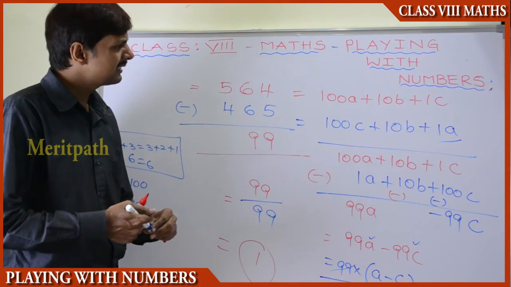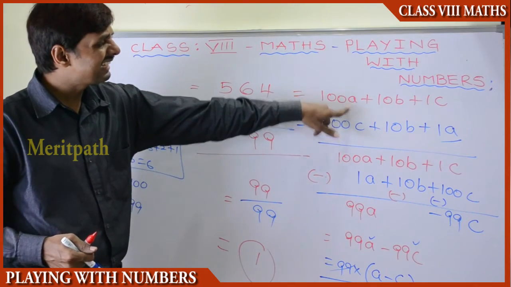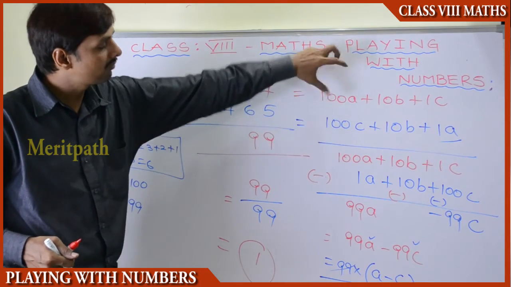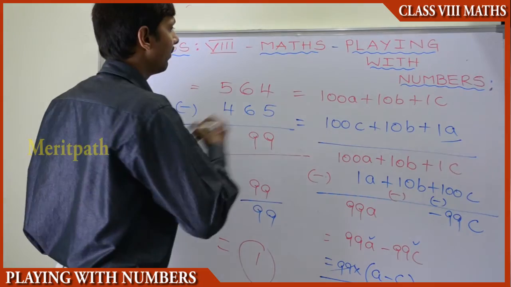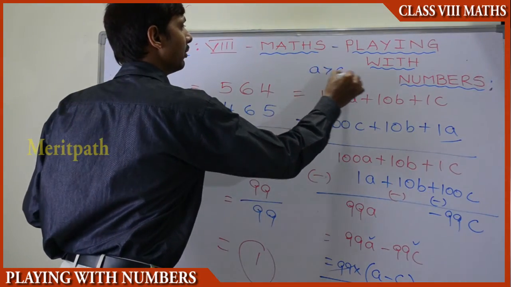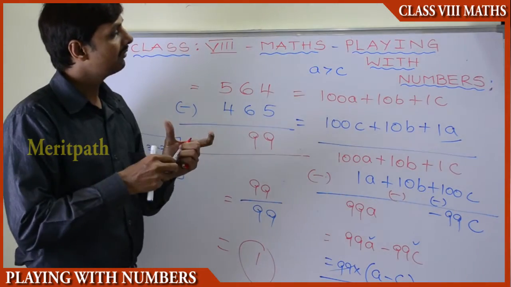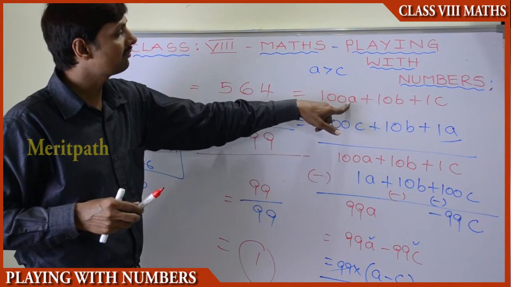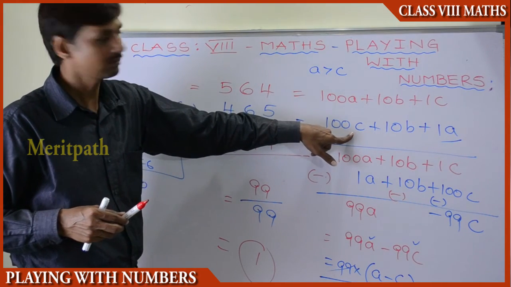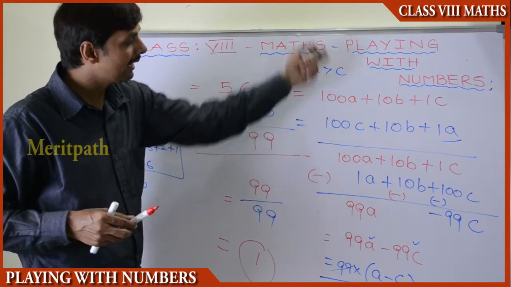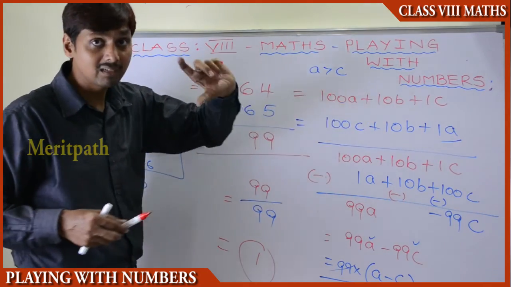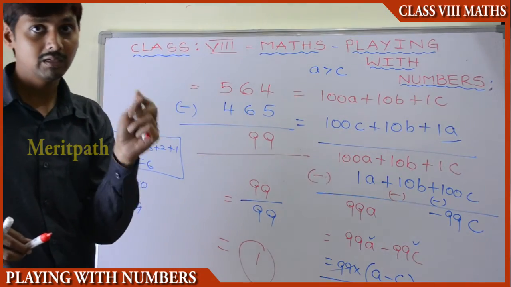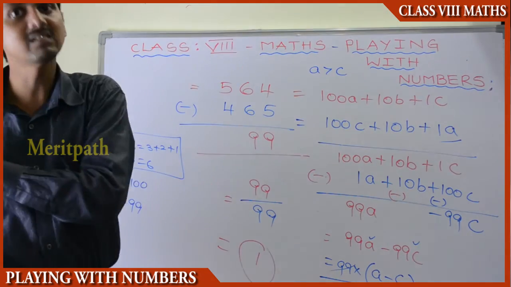So this is the concept. If A is greater than C, we subtract 100C from 100A. This is the condition: when A is greater than C, only then can we subtract 100C from 100A, because if C is greater than A, we would subtract 100A from 100C. From the greater number we always subtract the lesser number.